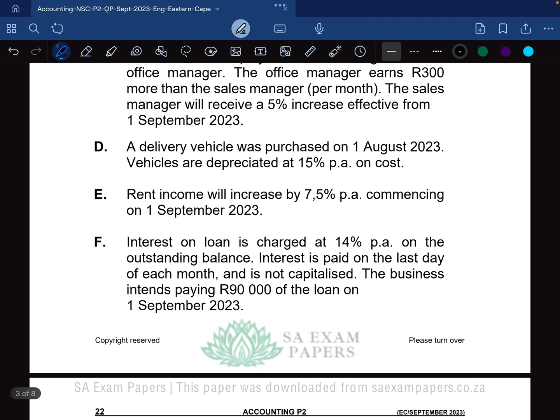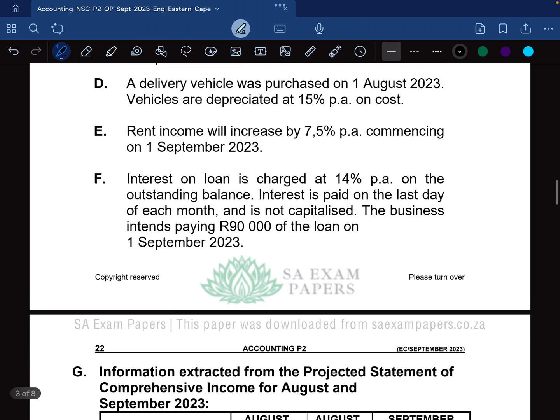Then information D, the delivery vehicle was purchased on the 1st of August 2023. Vehicles are depreciated at 15% per annum on cost. Then E, rent income will increase by 7.5% per annum commencing on the 1st of September 2023.